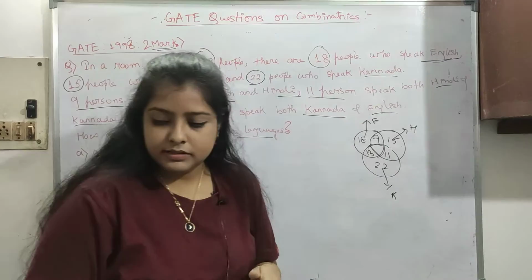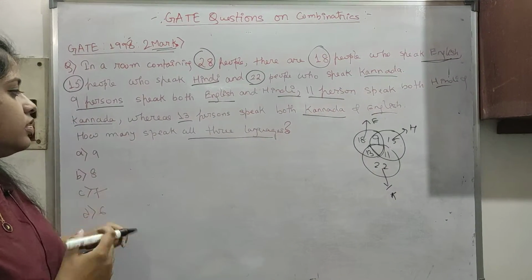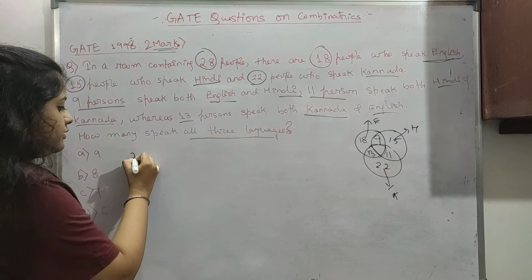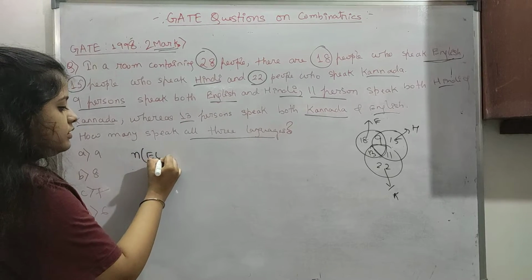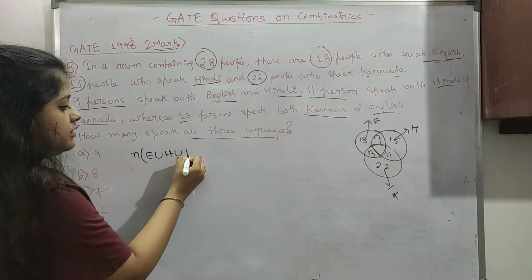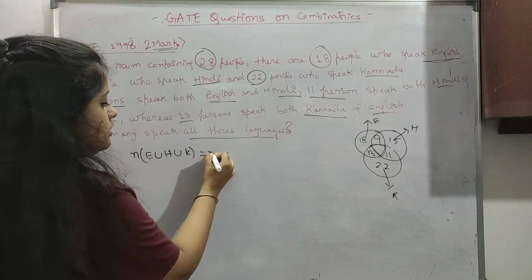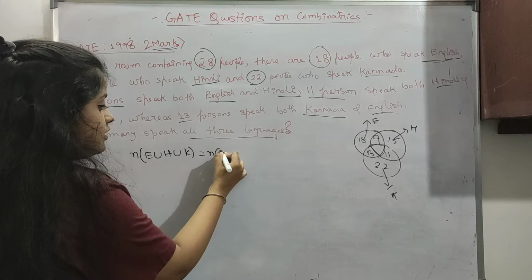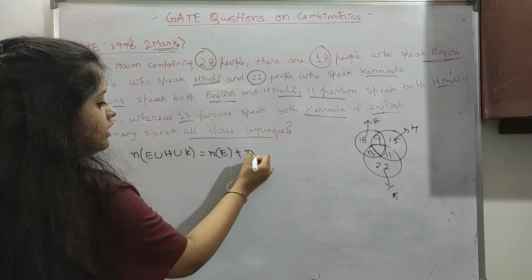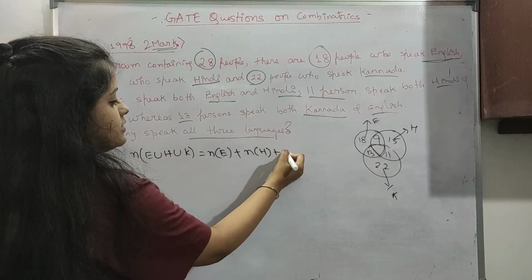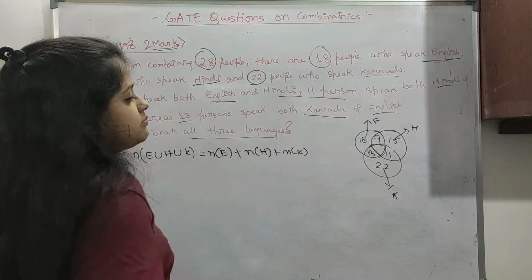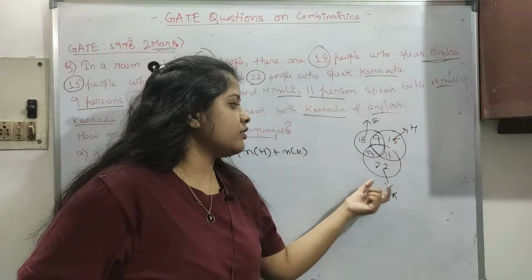This is a straightforward question. n of E union H union K is equal to n of E plus n of H plus n of K. This is visible from the Venn diagram also.